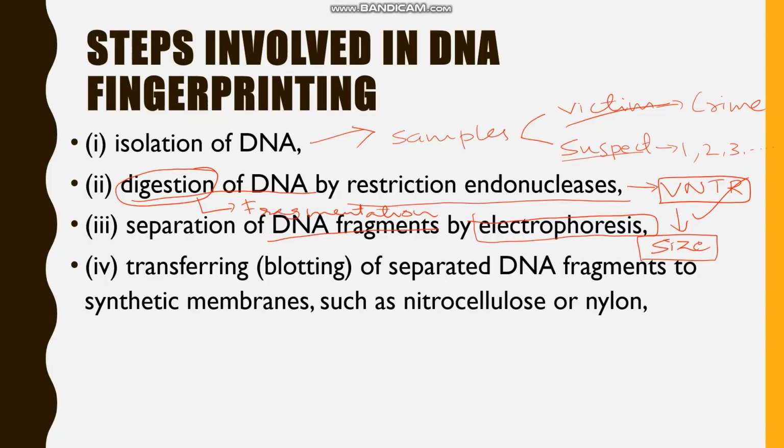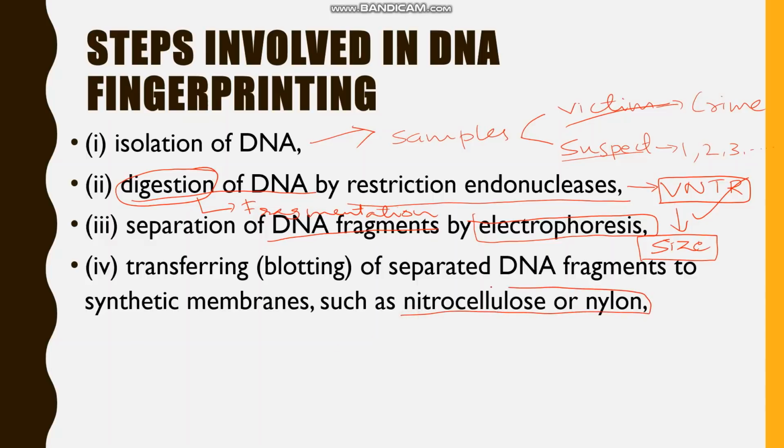Now, all the double-stranded VNTR sequences of victim sample as well as suspect samples are converted to single-stranded by the alkaline treatment. The single-stranded DNA fragments of both the victim sample as well as suspect samples are then transferred to a nitrocellulose sheet or a nylon sheet.